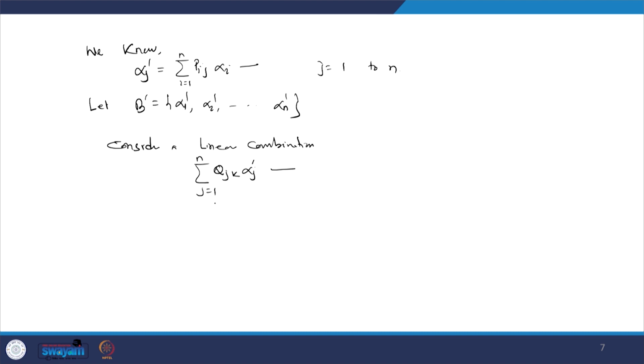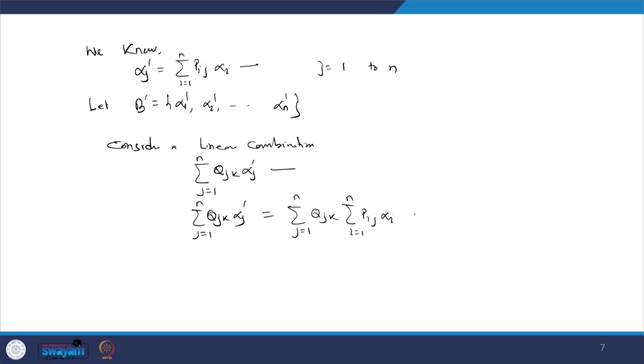Now, this sigma q j k alpha j prime, j equal to 1 to n, I can write down as sigma j equal to 1 to n q j k times alpha j prime, which is equal to sigma p i j alpha i, this is given to me. So, I can simply write this one also as p i j alpha i, i equal to 1 to n.